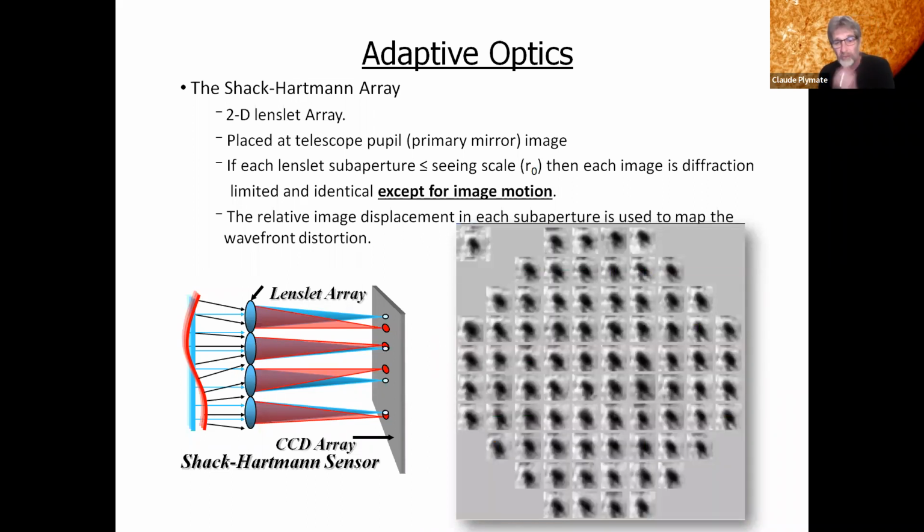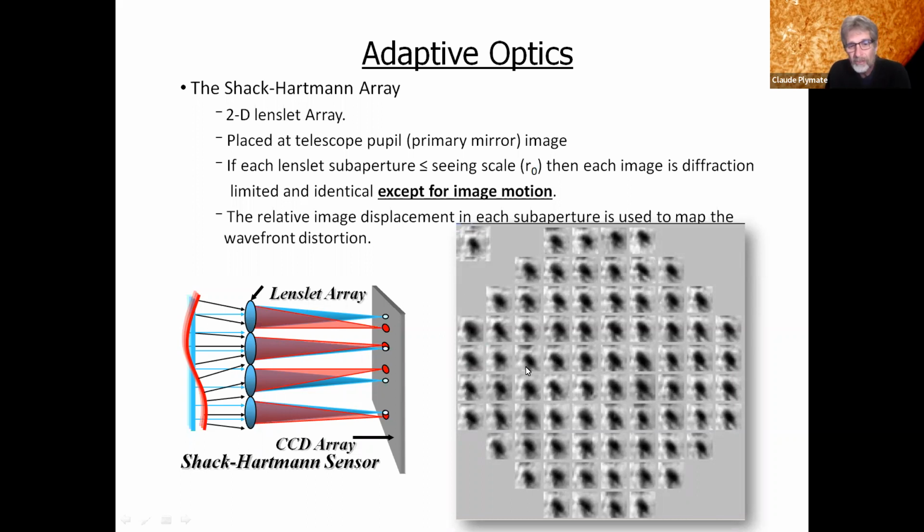Now, here's an actual Shack-Hartmann array from my ex-employer at Big Bear, and we're looking here at a sunspot. Everywhere across the telescope primary mirror, we are using a lenslet to reimage that sunspot in each subaperture. However, if you look in some of the different places, like over here on the edge, you'll see that the sunspot is displaced upward.